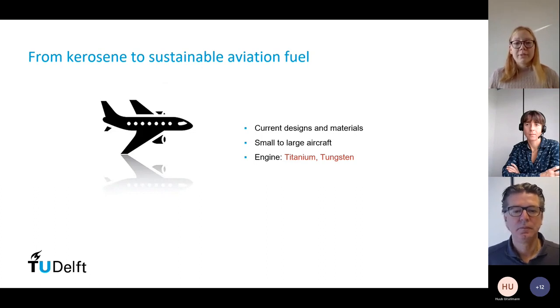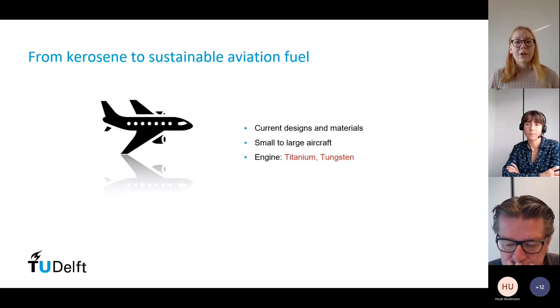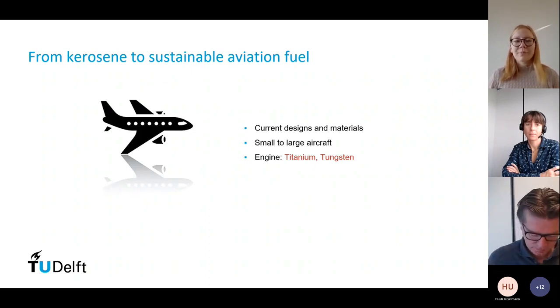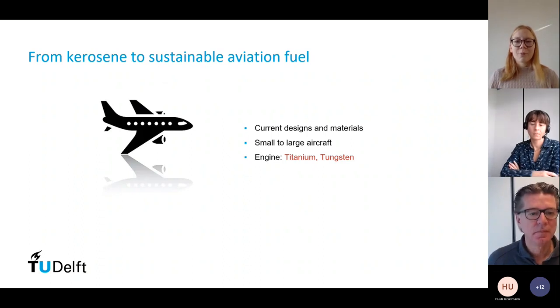So they are alloying elements that we use to produce current jet engines. And of course, if we're shifting towards sustainable aviation fuel, we're still using these same engine designs. So we will still be using titanium and tungsten as materials. And these materials are already critical. So there are already some challenges. This is already a problem.